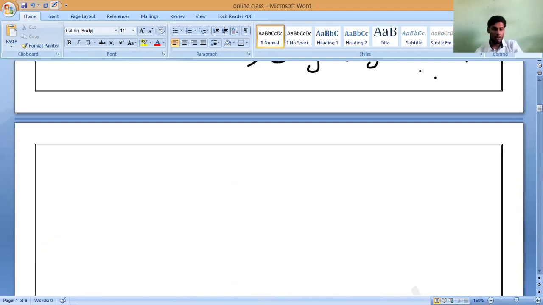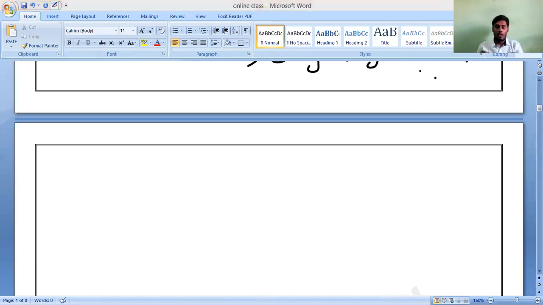Yes, sir. So if you cut these trees, the washing away or carrying away of the topsoil easily by water or air is called soil erosion. So these trees prevent soil erosion.